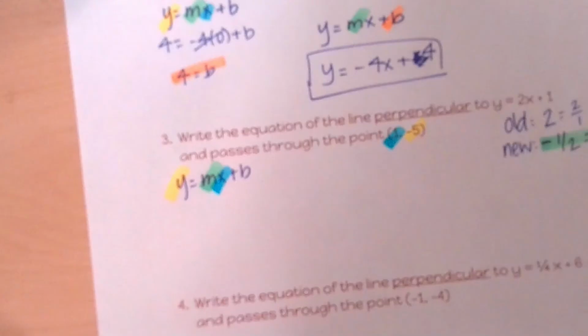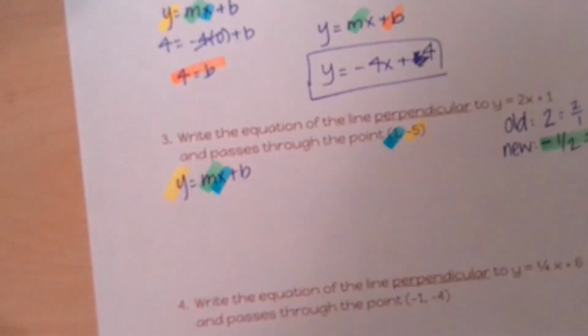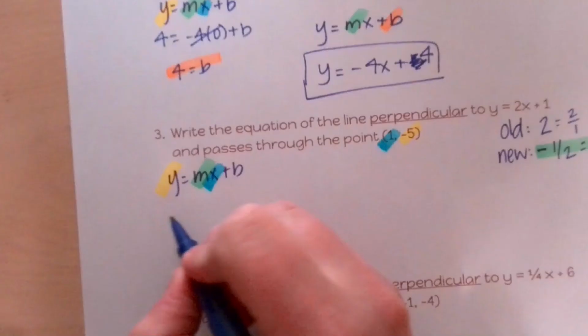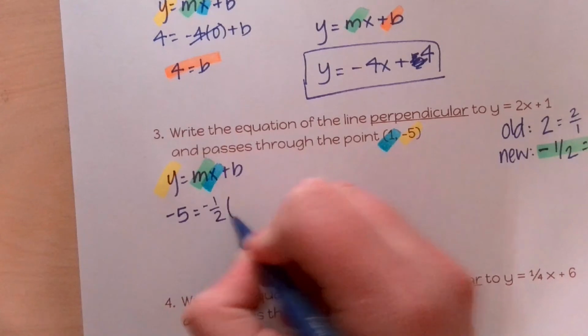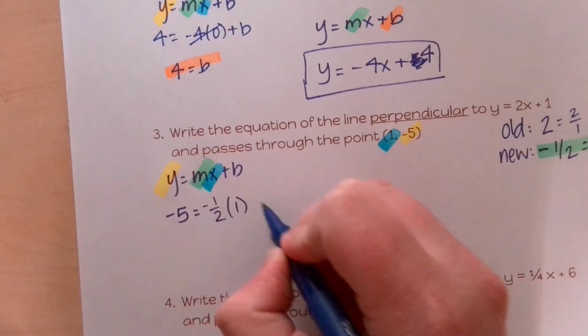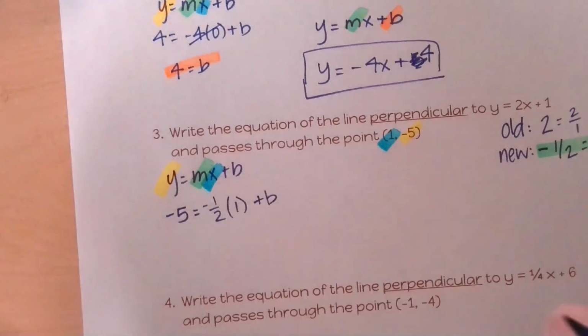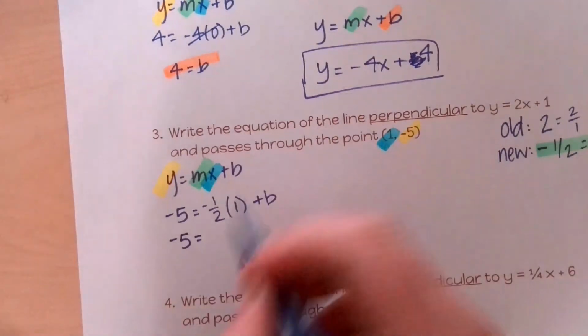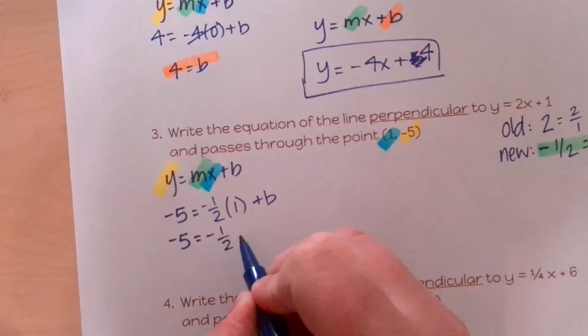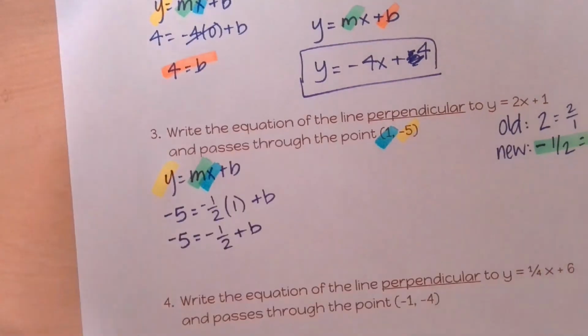All right? So when we plug in these values, we have -5 equals negative 1/2 times our x value is 1 plus b. We have -5 equals negative 1/2 times 1 is still just negative 1/2 plus b.